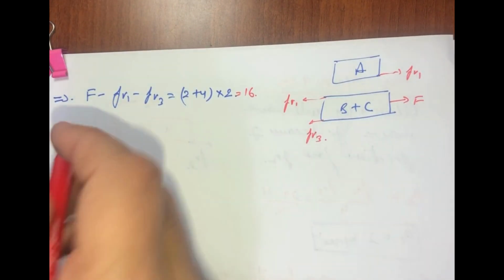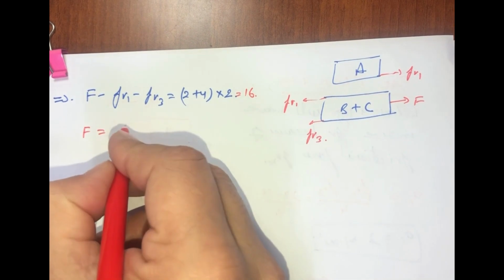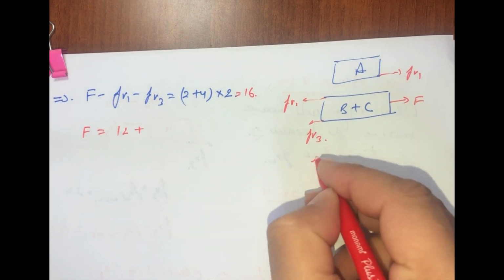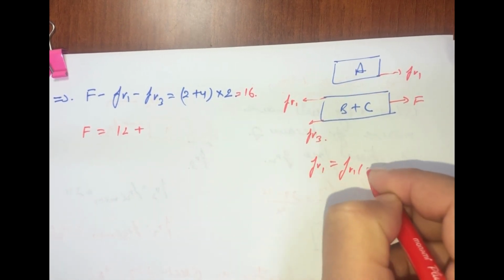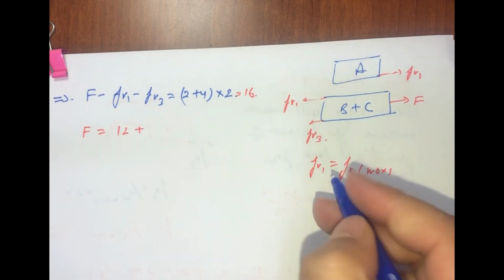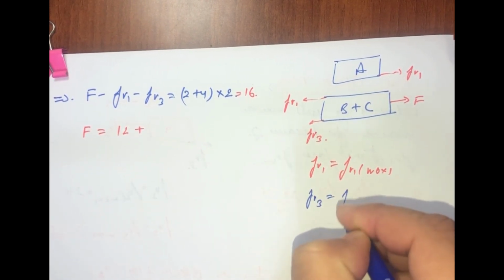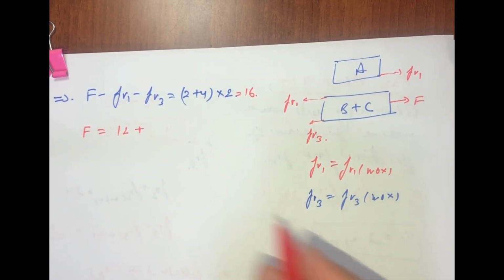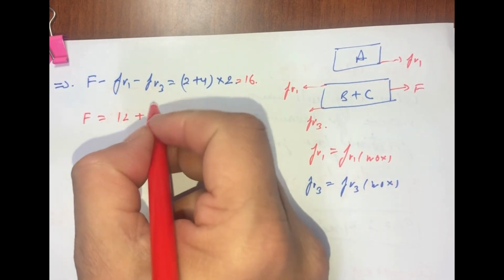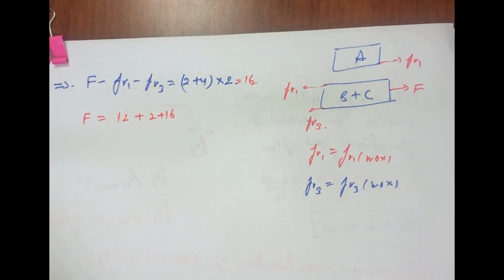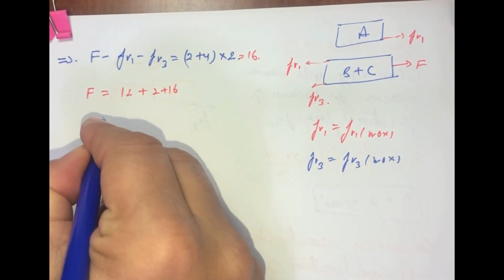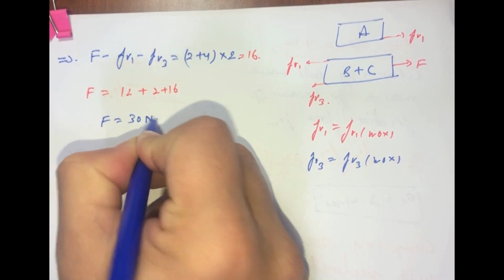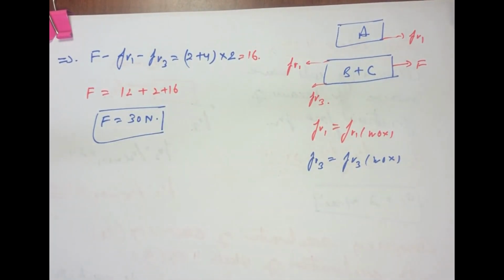From here we can say that F will be equal to 12 plus, and one thing more, they are slipping, FR1 will be equal to FR1 max, and FR3 will be equal to FR3 max. So we can put the values 12 plus 2 plus 16. So from here we can say that the force F will be equal to 30 Newton.